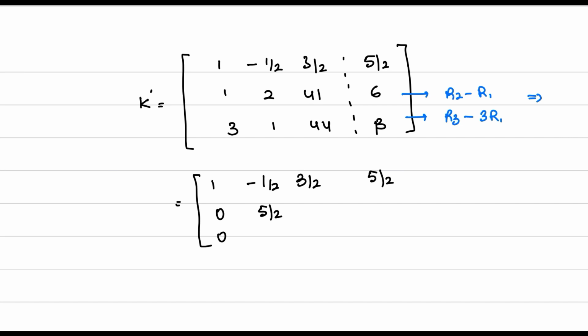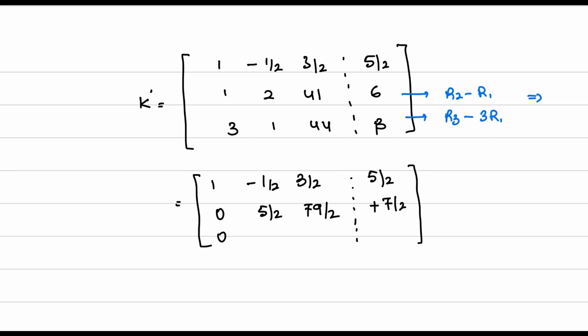This will be 41 minus 3 by 2, which is 79 by 2. We will draw a line here because it is an augmented matrix. Then 6 minus 5 by 2, be very careful in doing the arithmetics. Six minus 5 by 2 means it is 7 by 2.